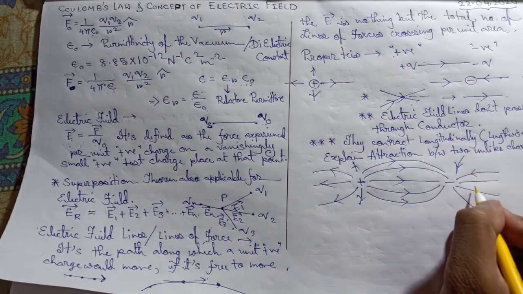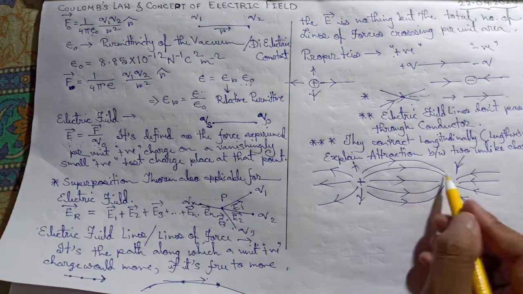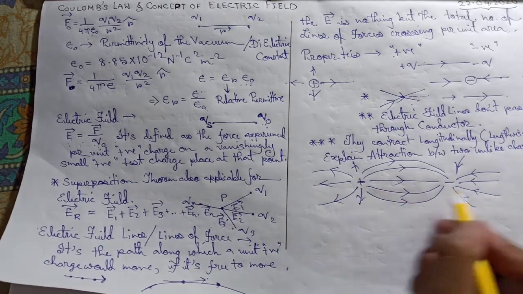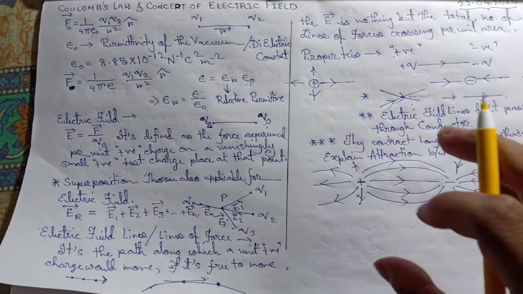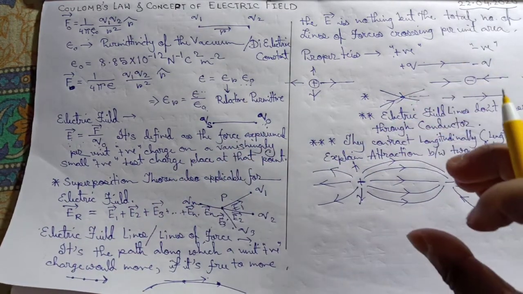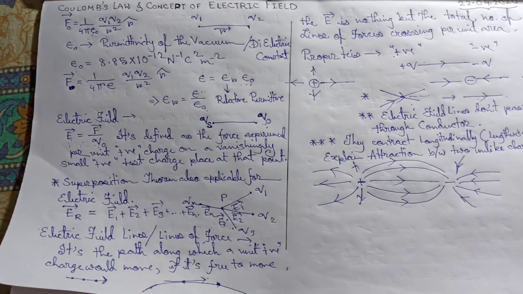Look at the field lines: they are longitudinal, from the positive to the negative end, lengthwise. So they are contracting, making a contraction. By this contraction we can say they are trying to attract and bind each other.